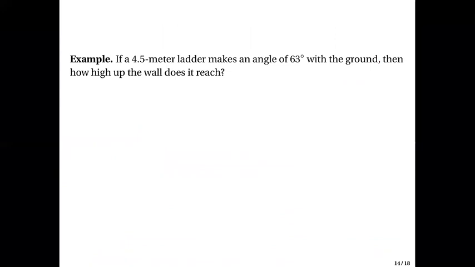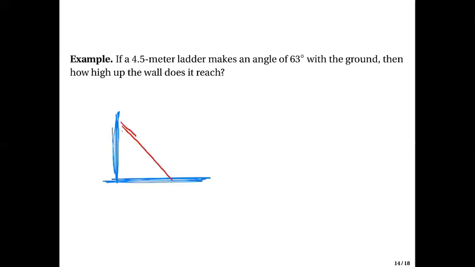Next problem here. If a 4.5 meter ladder makes an angle of 63 degrees with the ground, then how high up the wall does it reach? So suppose this is the ground and this is the wall. And let us consider the ladder here. Okay?